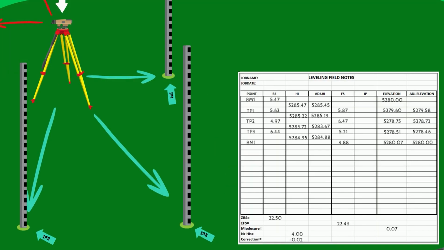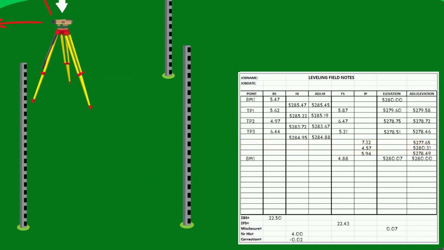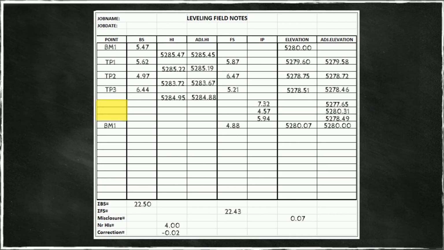Once the heights of instrument are adjusted, these measurements are inserted in their own rows corresponding to the height of instrument in question. In this case, the 4th instrument setup, the 1, 2, 3, 4. Right after the 4th height of instrument, I put in all my intermediate points. I can even give them names, which I didn't do in this case.